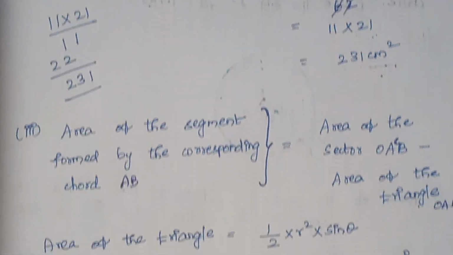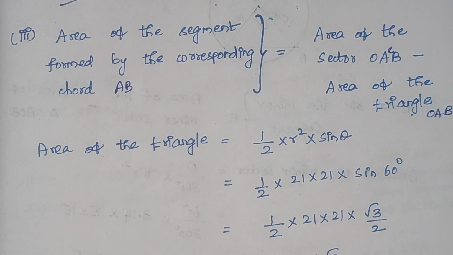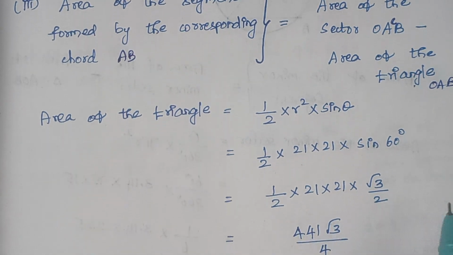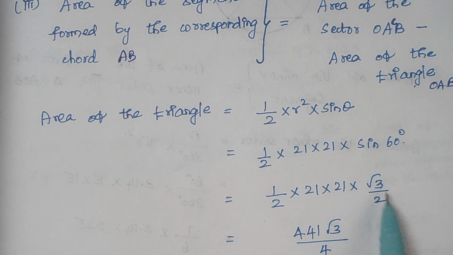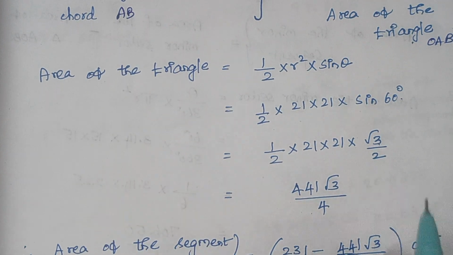So now we are going to find the area of the triangle, and this is given by the formula half r square into sine theta, and again the value of theta is 60, r is 21. So just substitute it, and the value of sine 60 is nothing but this is root 3 by 2, right? So here when you multiply, you are getting the answer as 441 root 3 by 4, right?